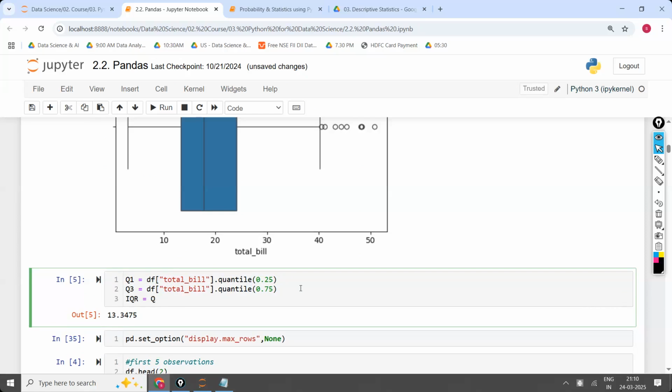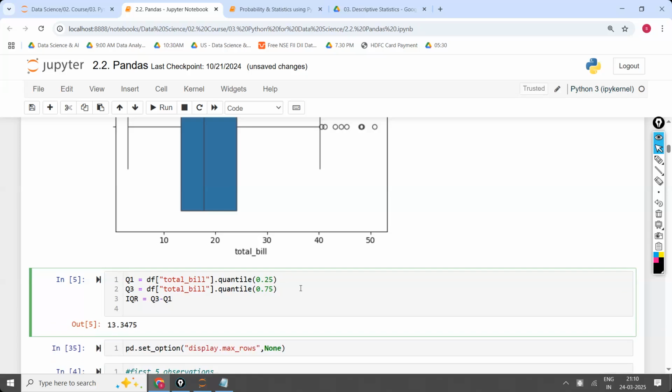IQR is equal to Q3 minus Q1. Now I'm going to calculate the lower limit, which is nothing but Q1 minus 1.5 into IQR. What is the upper limit?